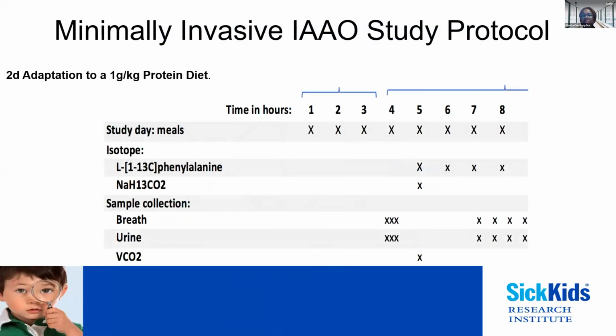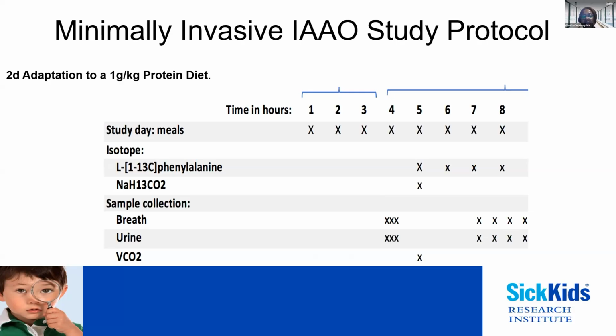And so this is the protocol we use. We've developed a minimally invasive protocol whereby we use breath samples, we feed the isotope orally, and we collect urine as a surrogate for blood. We have a 2-day adaptation of the participant to an adequate diet, providing 1 gram per kilo of protein.